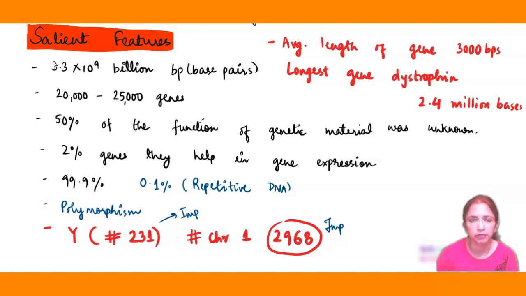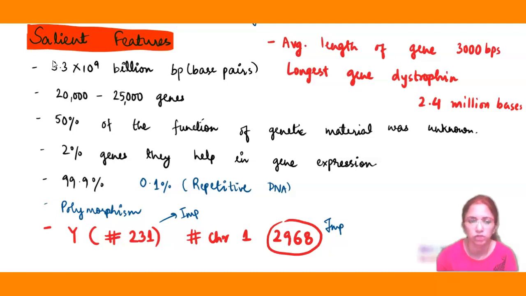So salient features, let's sum up once again. What were these? The number of base pairs in the human genome was 3.3 into 10 to the power 9. The number of genes that were found out was from 20,000 to 25,000, which means each human being has 20 to 25,000 genes. 50% of the genes, their function was not at all known.